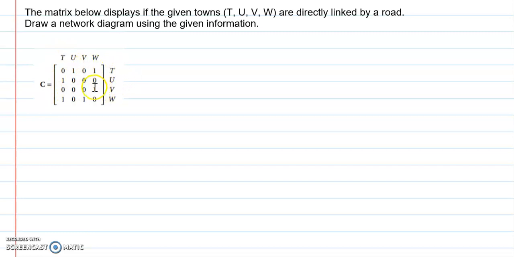V also has a direct road to town W. And if you go to W, because it has a direct route to T and V, that's where we should have a 1. So let's draw this.